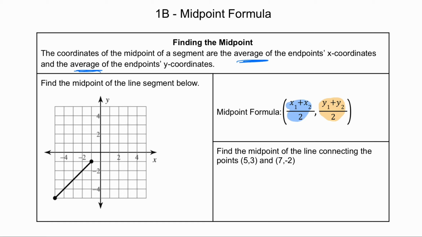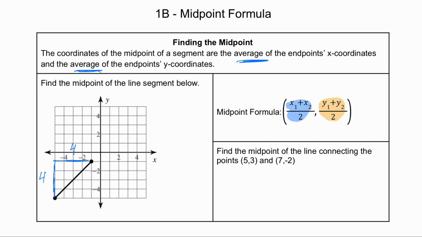Now, let's take a look at two strategies for working with this and giving this a little bit of practice. First one is if we want to find the midpoint graphically. One way to find the midpoint graphically is to plot the points out on a grid. And then, like the slope, you're going to count up and over. But since we're looking for the middle point, this graph goes 1, 2, 3, 4 up, and then 4 over.